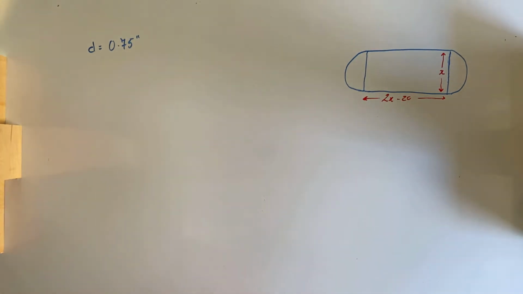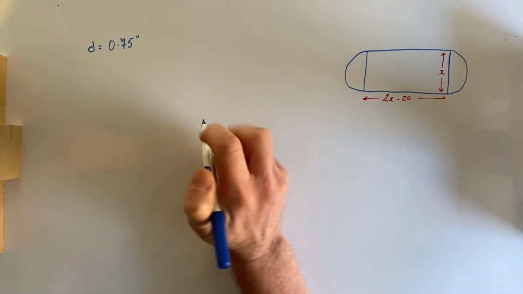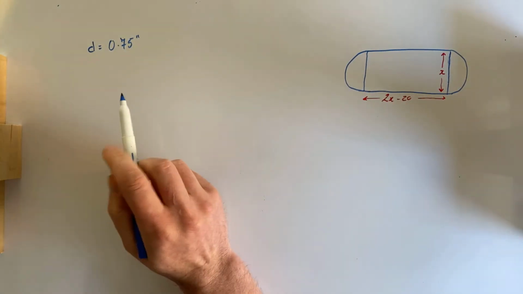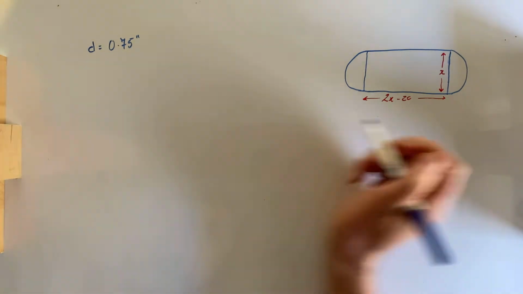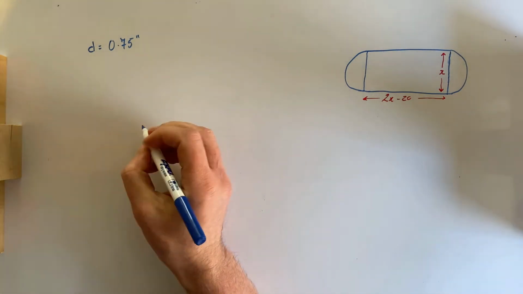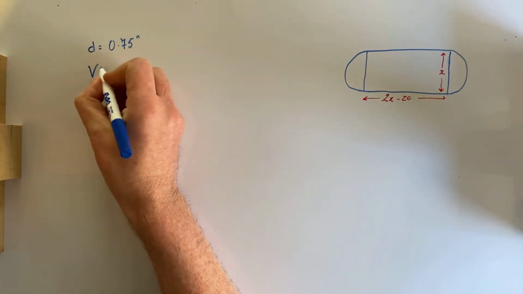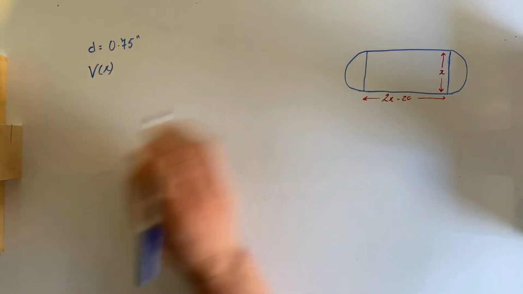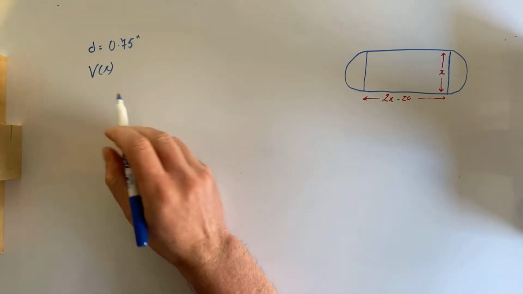And what we're asked to do is to construct a function for the volume of ice in the ice rink as a function of x, as a function of the width. So we want V of x, the volume of ice as a function of x.